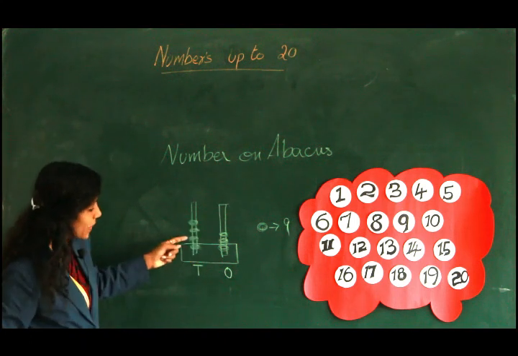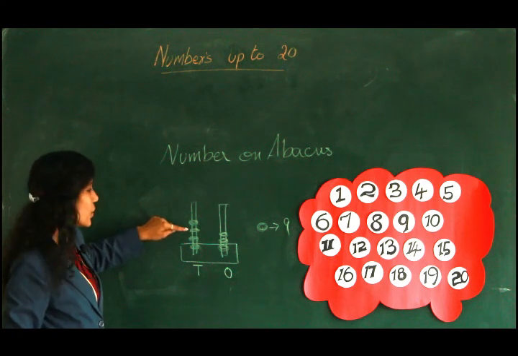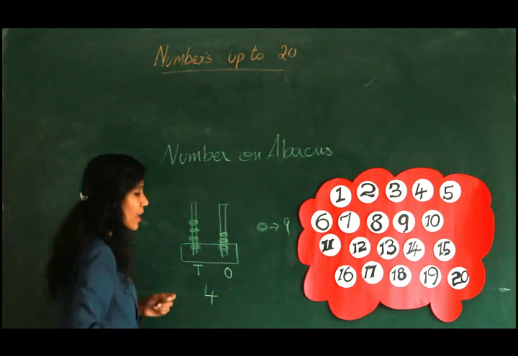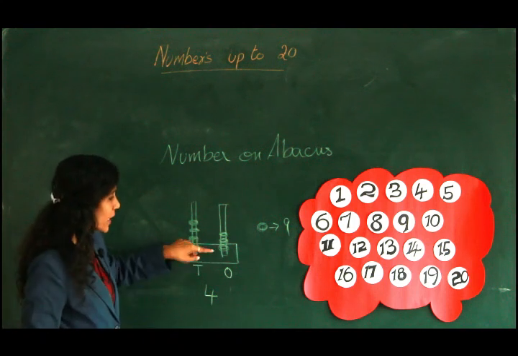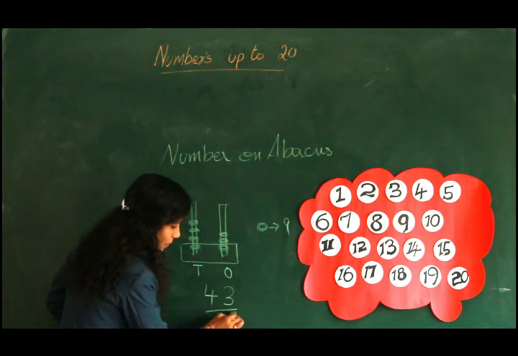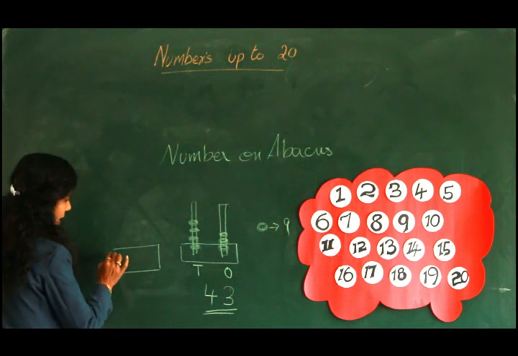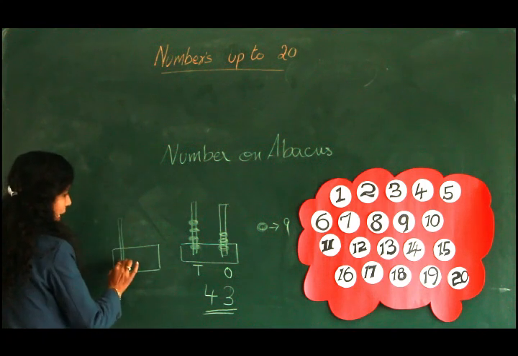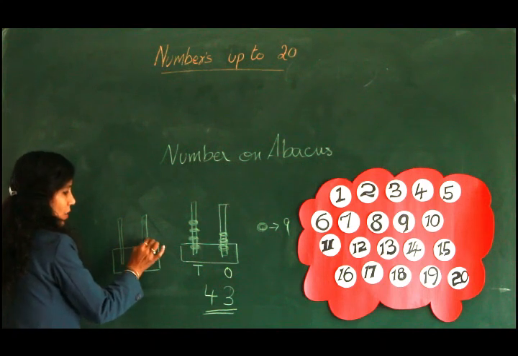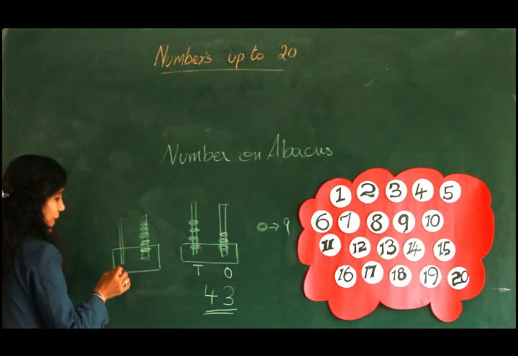So you can see how many beads are here? Right, 1, 2, 3 and 4. So we'll write 4. How many beads are here? 3. 1, 2 and 3. So our answer is 43. Let's take the next example. Here we have spikes again. Now we have 1, 2, 3, 4, 5 beads.